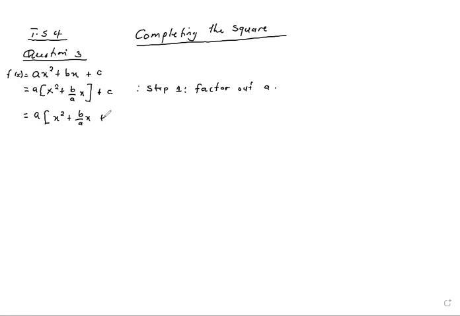you divide the coefficient of x by 2, squared, and have it subtracted.